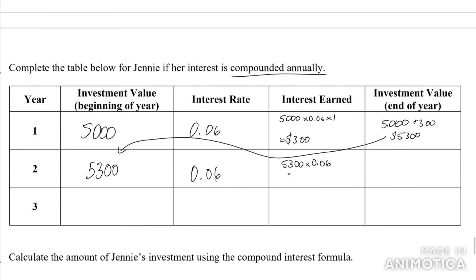Again, 1 year, I'm going to leave the 1 out. This gives me an interest of $318. So then the total amount invested is now $5,300 plus 318. So she's now made $5,618.